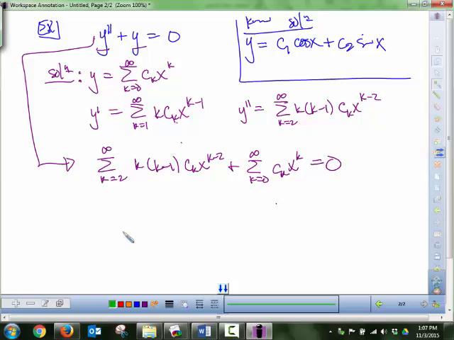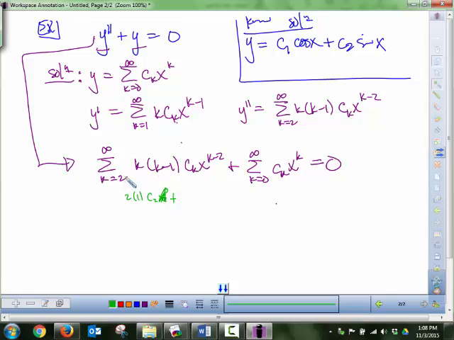All right, so let me write down the first few terms of this one. It starts off with k equal to 2, so I have 2 times 1 c sub 2 x to the 0. Just knock that out.